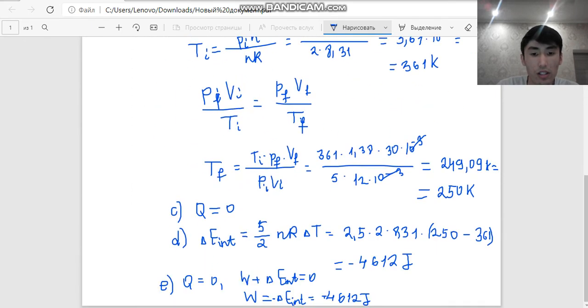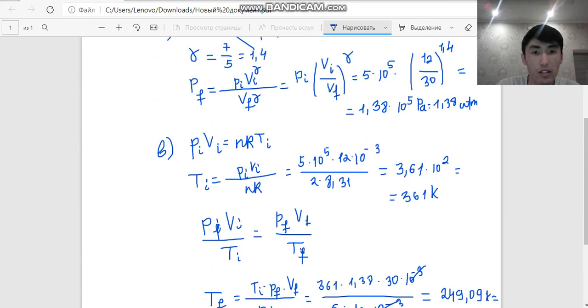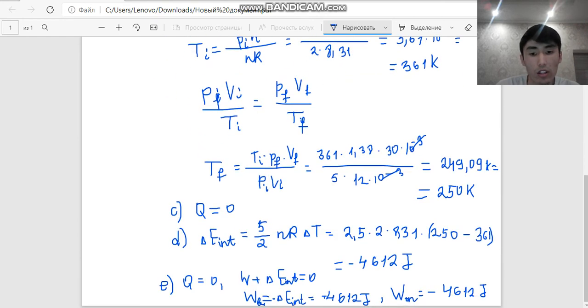Here will be plus if the question was work done by the gas, and if the question is work done on the gas, here will be minus 4,612 joules, because work done on the gas is the opposite number of the work done by the gas.